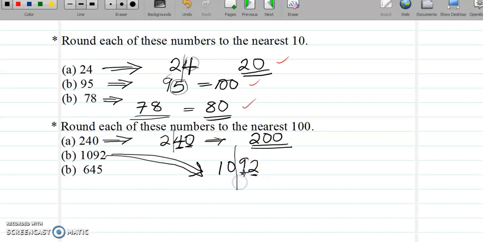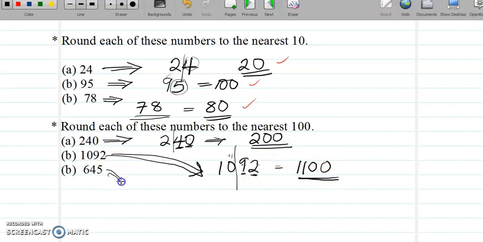Now this number that it ended with is greater than 5. So that means that I'm going to round it up. For me to round it up, I will take 1 and add here. So 10 plus 1 is 11. So I'll have that to be 11 with my 20. This is 0, this is 0. So that gives me 1100. You see, I'm rounding up.